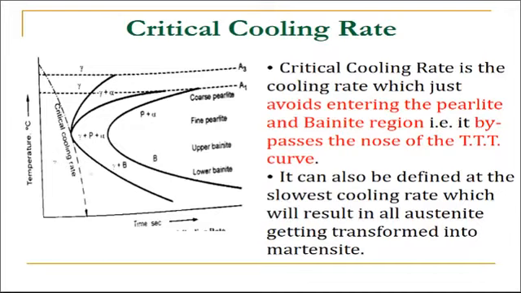It can also be defined as the lowest cooling rate which will result in all austenite getting transformed into martensite. The figure shows the critical cooling rate by a dotted line on the temperature versus time and transformation curve.